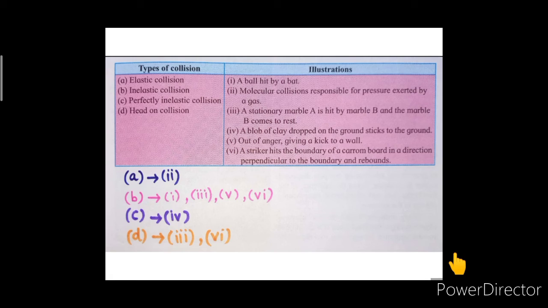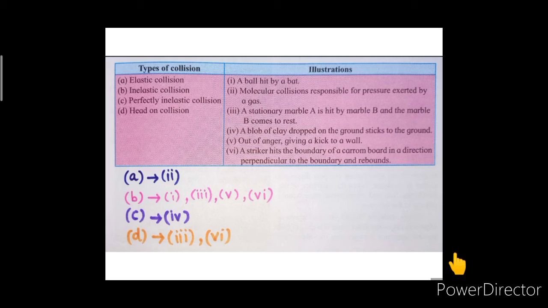Then D, the head-on collision, is a collision in which the force of impact acts exactly along the line in which the centers of the colliding bodies lie. That means over here, when the colliding bodies collide with each other, the bodies traveling in the same straight line have their centers lying in the same line.